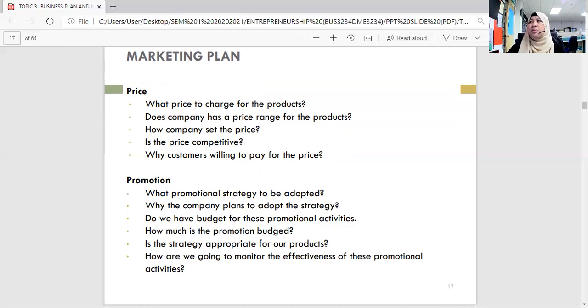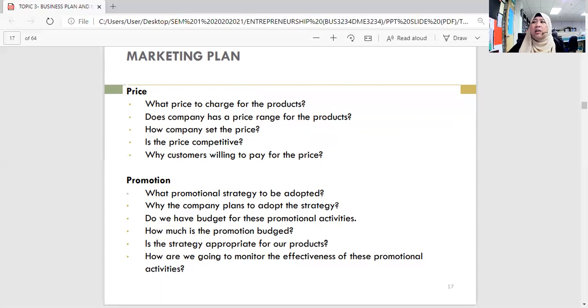And of course, when we're talking about promotional strategy, the promotion mix, we do have multiple actually. If you still remember, we have advertising, okay, advertisement. We do have sales promotion. We do also have personal selling, and also public relations. So this is under the promotional mix activities.